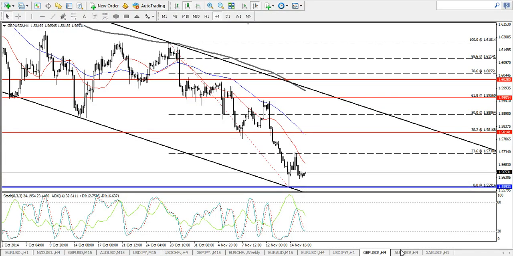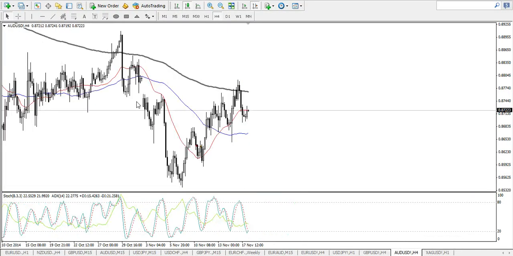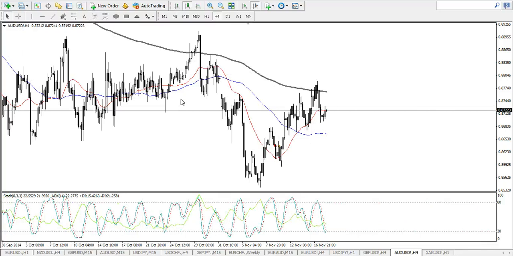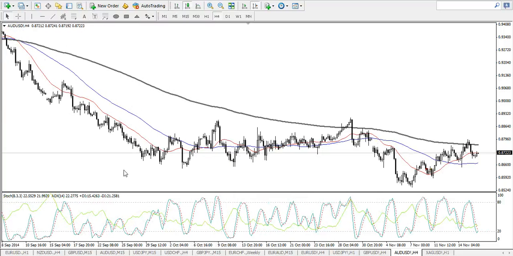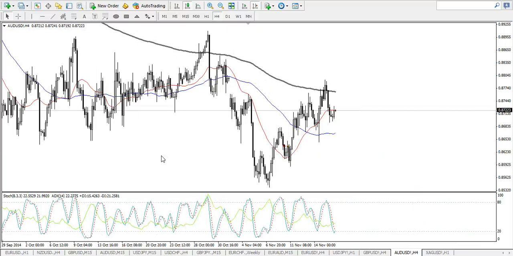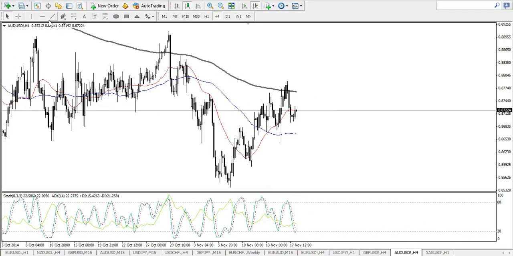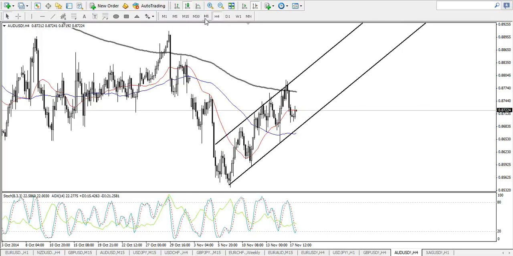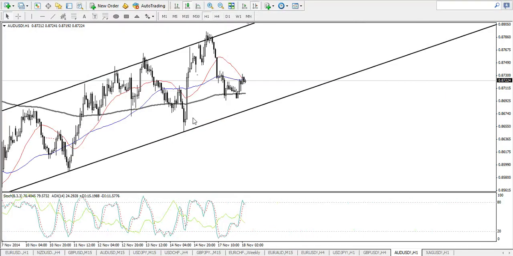Next is the Australian dollar against the US dollar. We do see that there is a rising trend, a minor rising trend channel over here. Let me just plot it out for you. Zoom in on the 1 hourly chart.